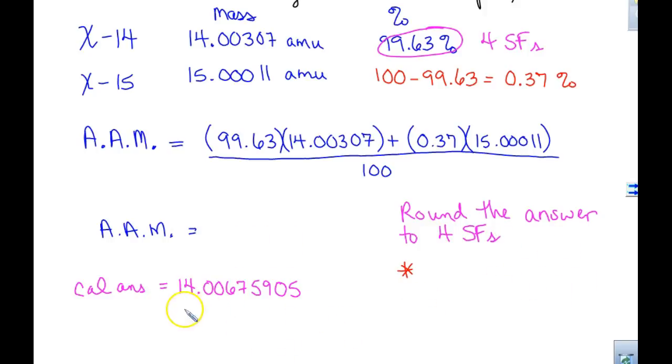So when we look at what we got in the calculator, we're looking at that part because we read numbers left to right. So the question becomes, do we put 14.00 or do we need to round that 0? We should round the 0 up.